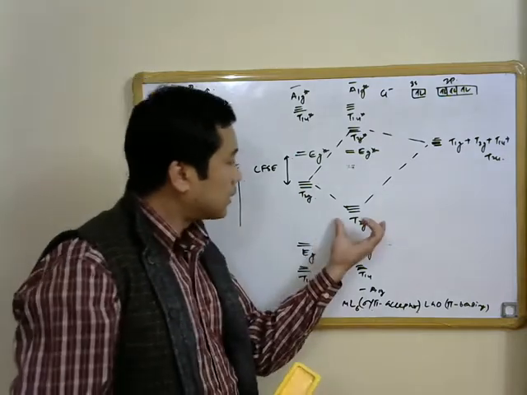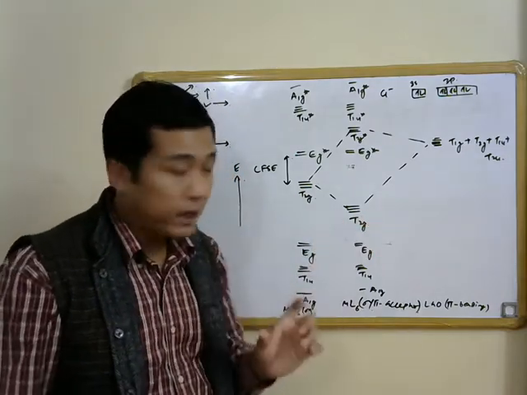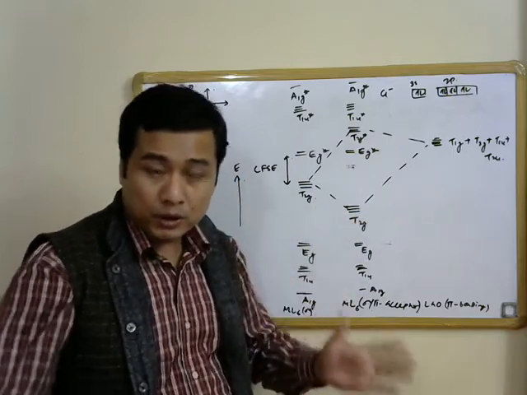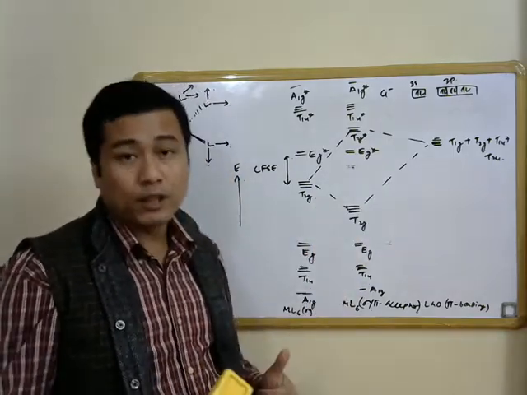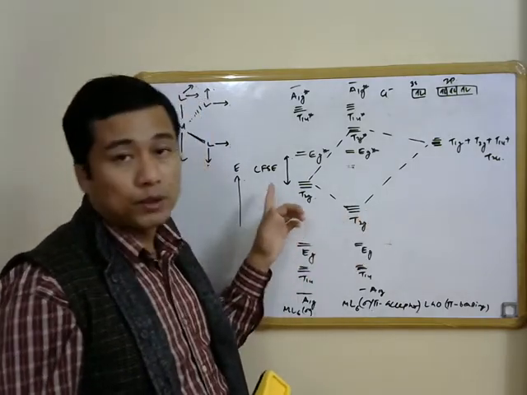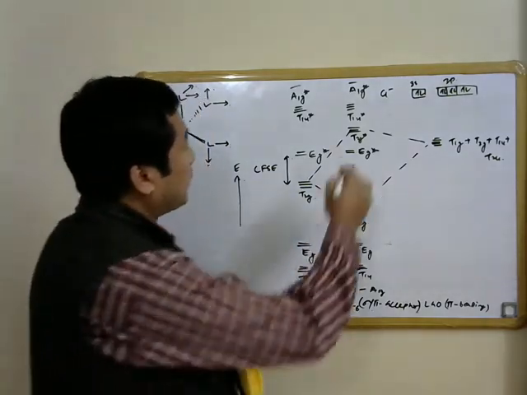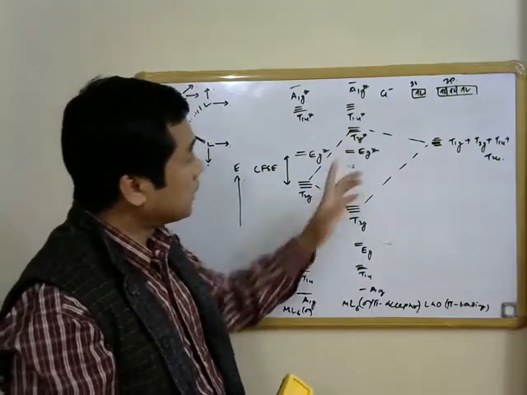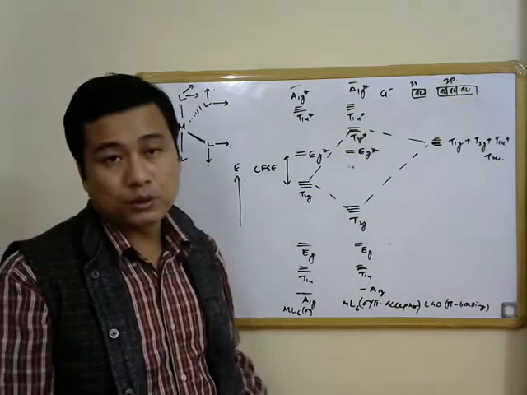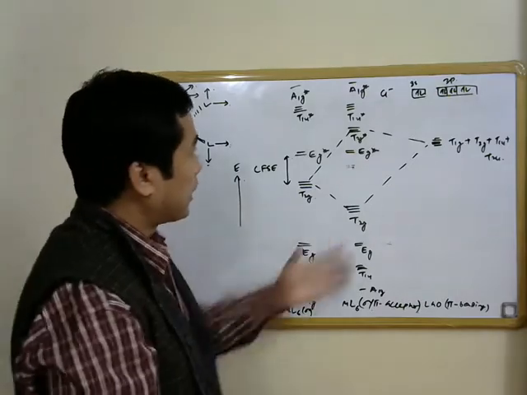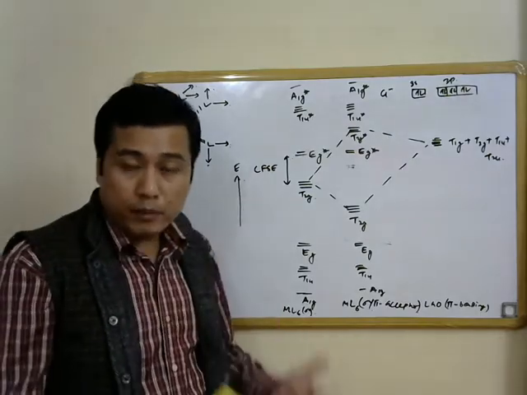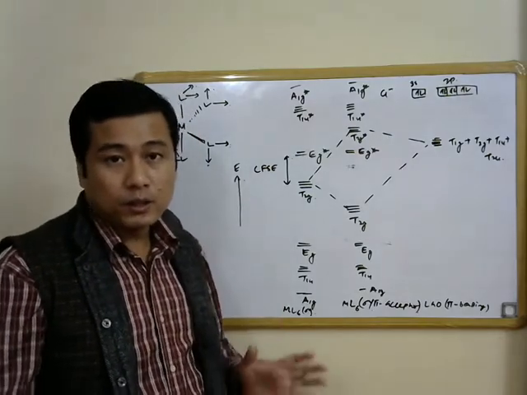Now this bonding T2g molecular orbital, or pi bonding molecular orbital, after formation of the pi bond with this kind of pi acceptor ligand, is going to be filled by electrons from the metal, and the Eg star will also be filled by electrons from the metal. T2g star, of course, is going to remain empty because there are no electrons in these pi LGOs. They use empty orbitals of the ligand for formation of the pi bond.